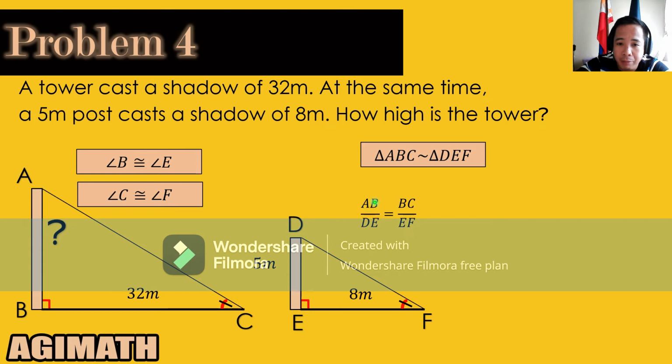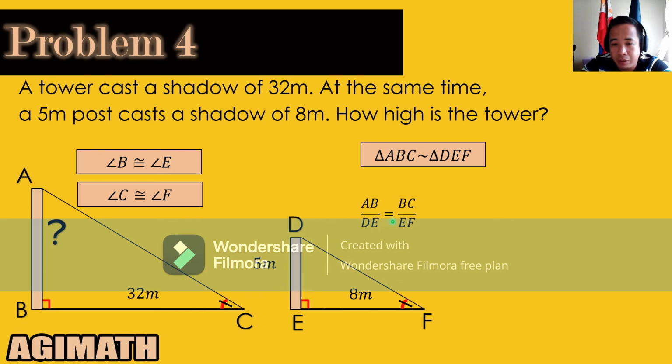So we have AB over DE is equal to BC over EF. This is the implication when we say triangle ABC is similar to DEF, and this result will be very useful when we establish that two triangles are similar.